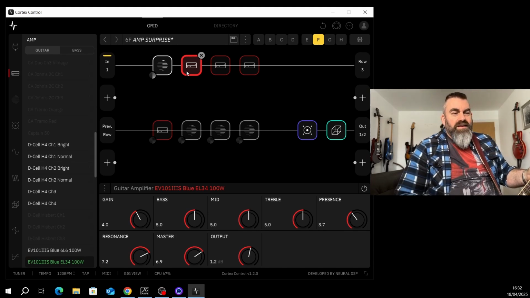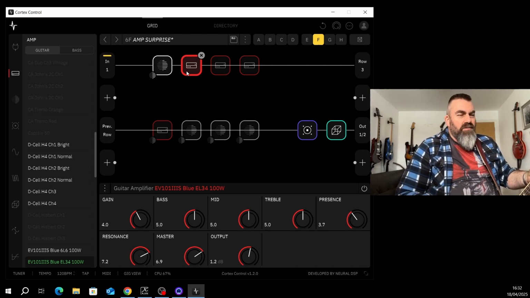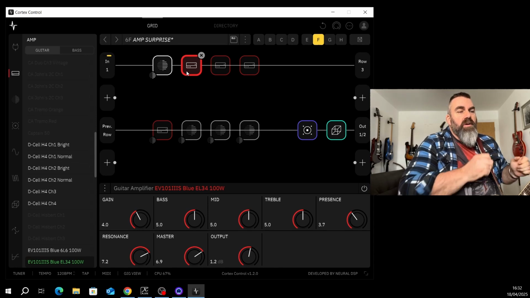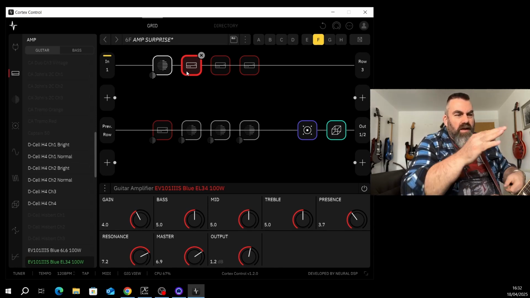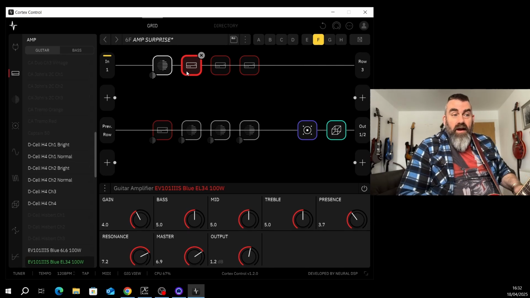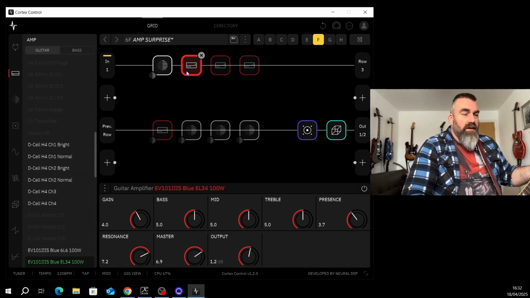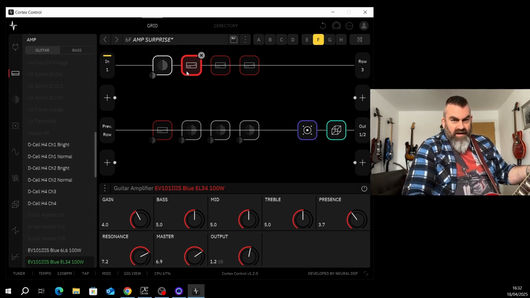Yeah, this thing has got absolute buckets of gain. So I've got this on the blue channel. I was hindered by some of the amps I could have had because of the processing, because we've got so many bloody amps there. But yeah, this has got so much gain.